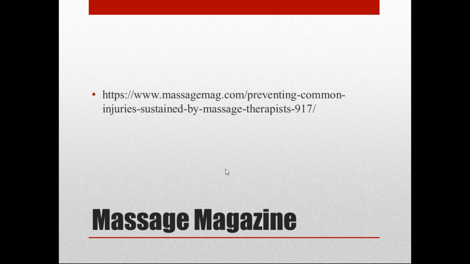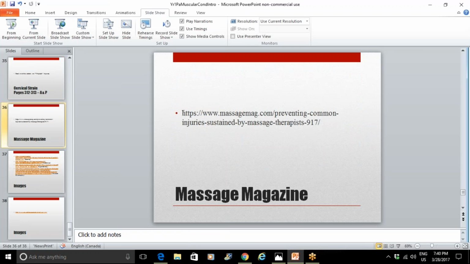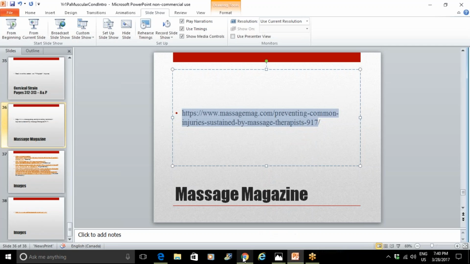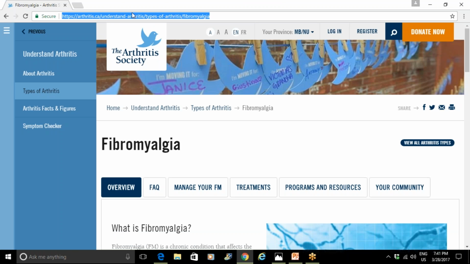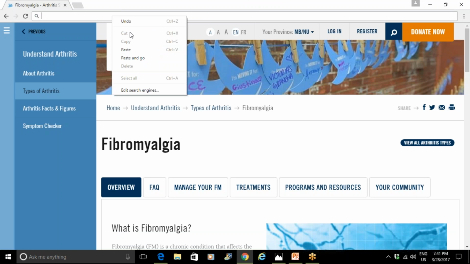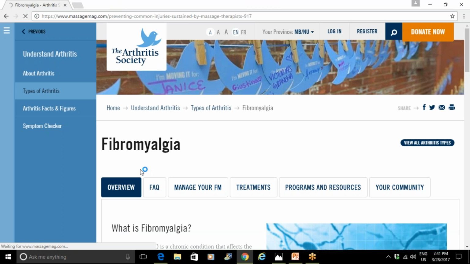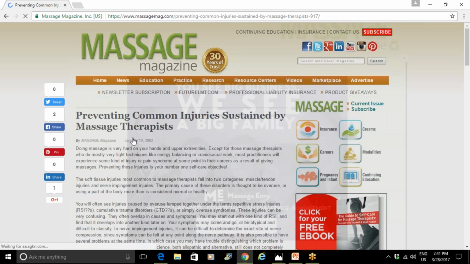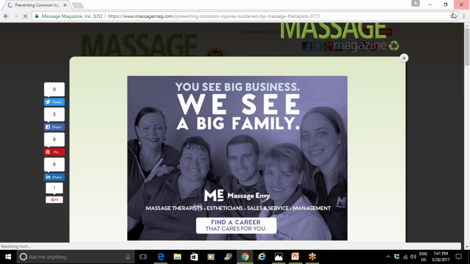Yes, okay. I also found this for you guys, so I've included the link in here where it talks about the common injuries that massage therapists sustain. Okay, soft tissue injuries. Okay, so it's from Massage Magazine, Preventing Common Injuries Sustained by Massage Therapists. So typical.